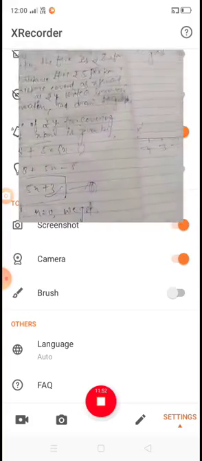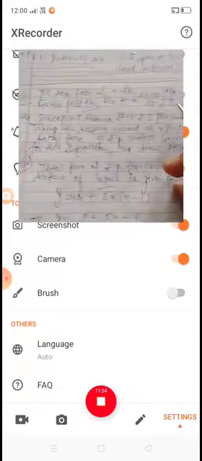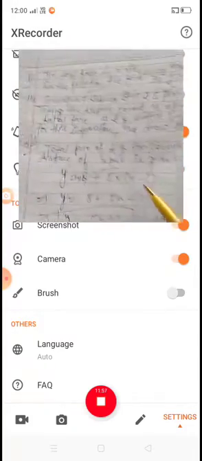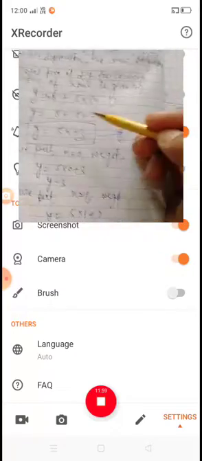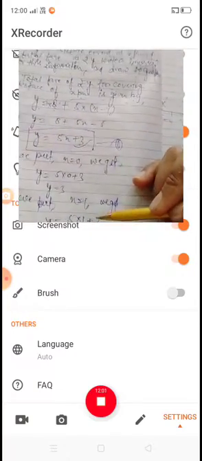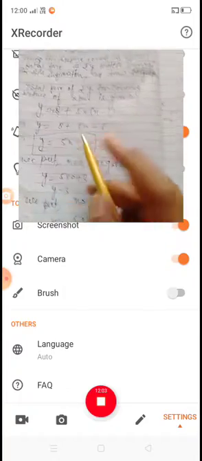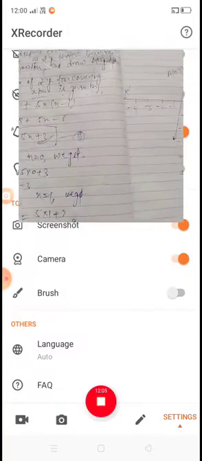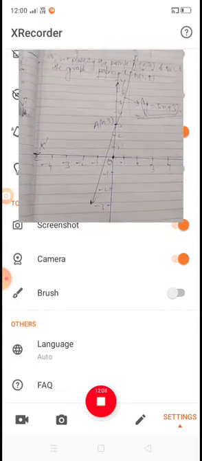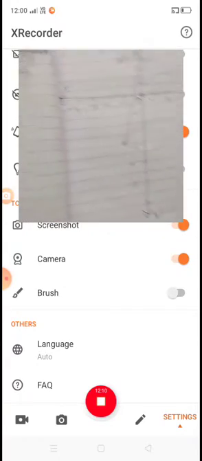So in this type of question, first of all we find the linear equation, then we plot the graph of this equation. Okay, now take another question.